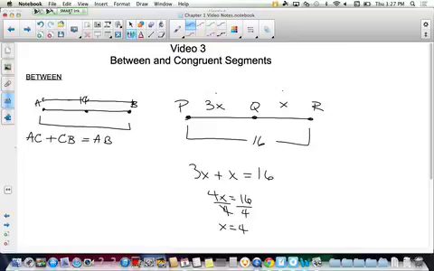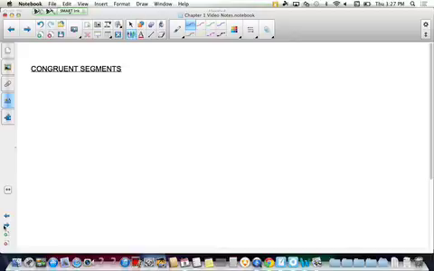Congruent segments. You should have defined all these terms already, but congruent segments are segments that have the same size and shape. The key here is that we want to talk about markings.